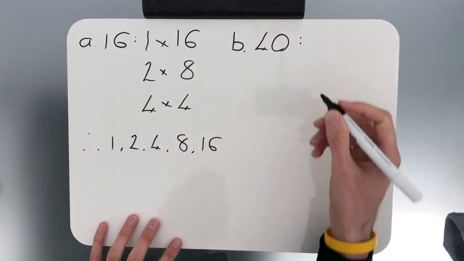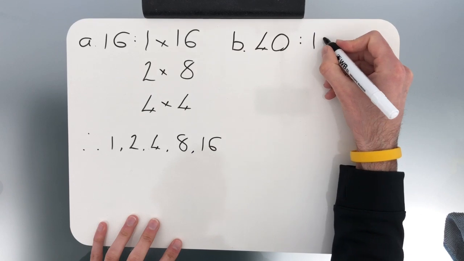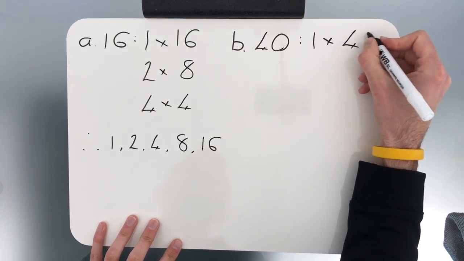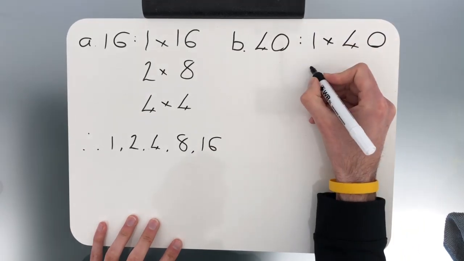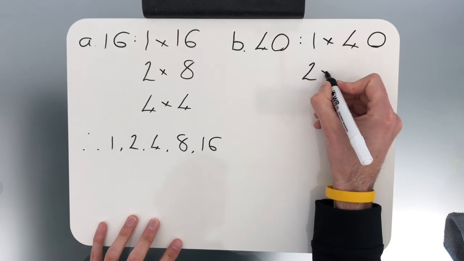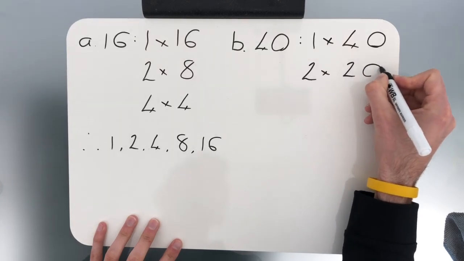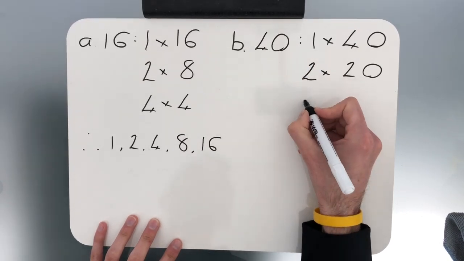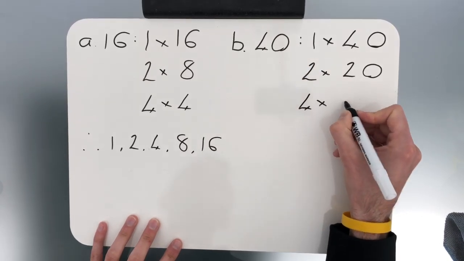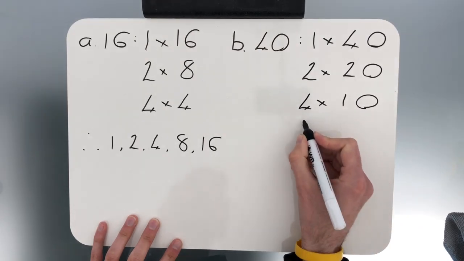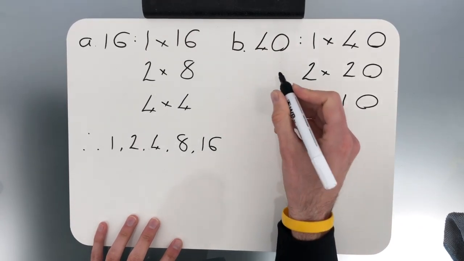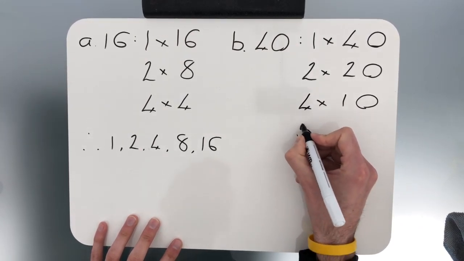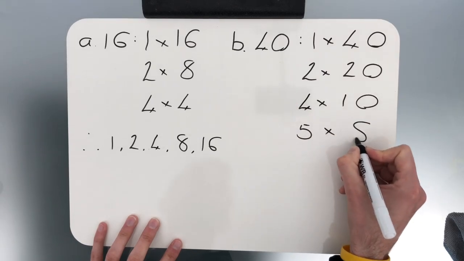Now part B, the number 40. So again, we're starting with 1 and the number itself, which is 40. Then the next number we're going to try is 2, which we know multiplies by 20. We could try 3, we know that doesn't divide exactly in, so now we go to 4. We can multiply that by 10. Next number up from 4 is 5, we know that divides in exactly, so 5 multiplied by 8.